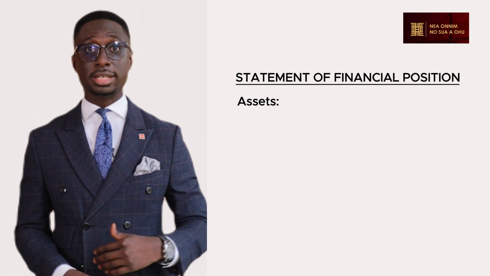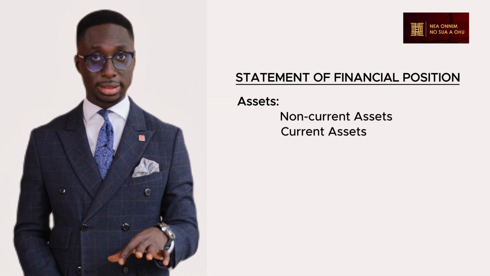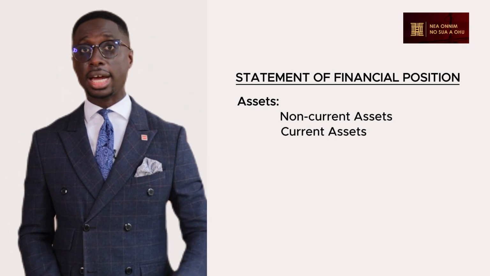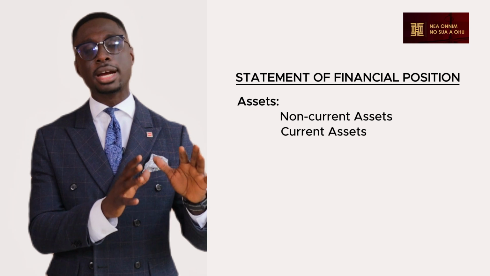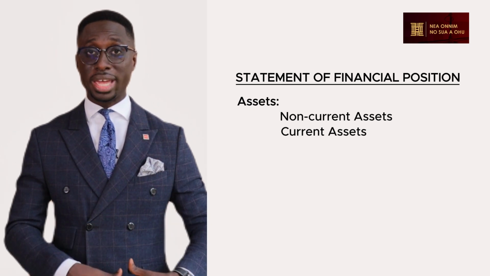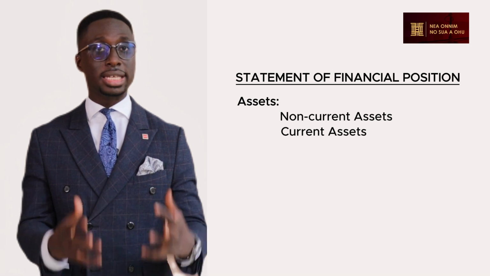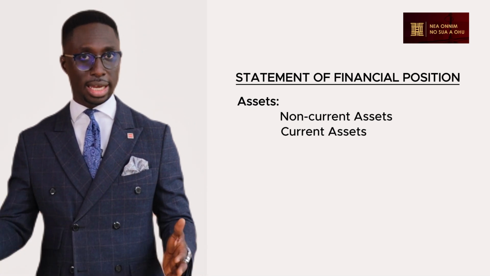Now let's look at assets specifically. When you look on the board, you can tell that under assets, there are non-current assets and there are current assets. And we'll explain both. Non-current assets are those assets whose benefits from use are intended to go beyond one accounting cycle.